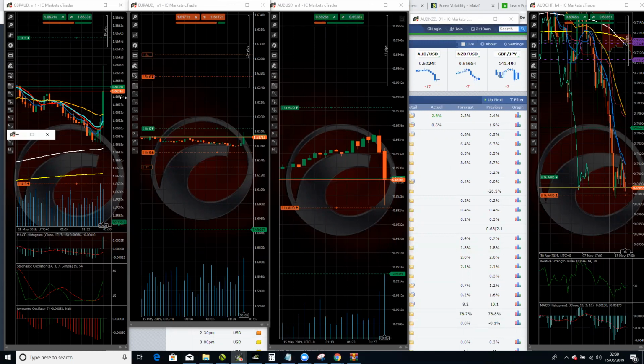Right, so with this kind of a spike now, all right, so I got the Aussie New Zealand chart. None of the positions has been activated within the first, my charts are frozen for one reason or the other.